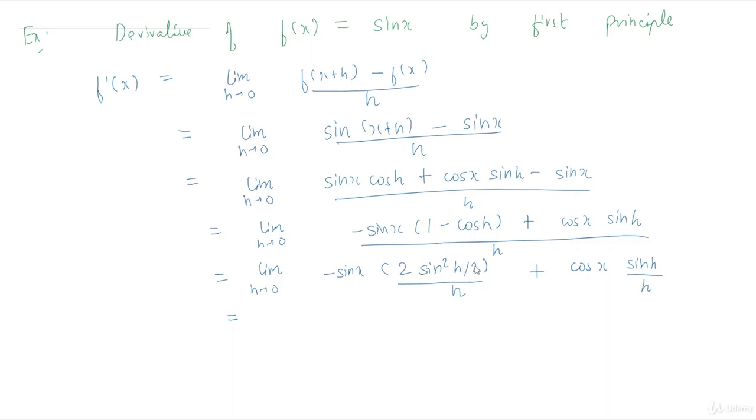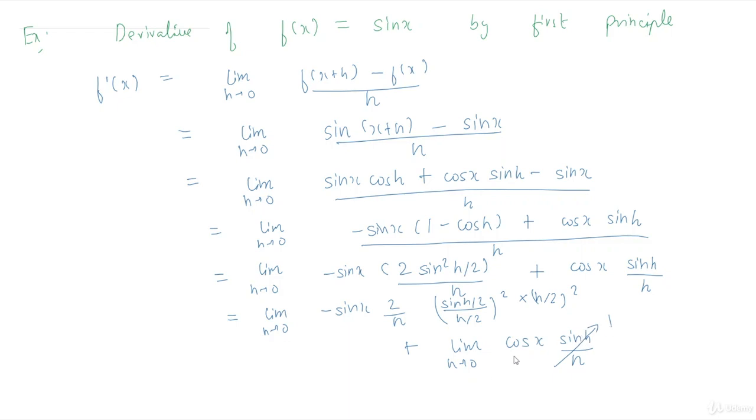So we can write this as limit h approaches to 0 minus sin x, that this is 2 by h, and we can write this as sin h by 2 over h by 2 whole squared, and this also gets multiplied by h by 2 whole squared, plus I am splitting the limits also by the algebra of limits. So this will be limit h tends to 0 cos x into sin h by h. Okay, this sin h by h, limit h tends to 0, is equal to 1.